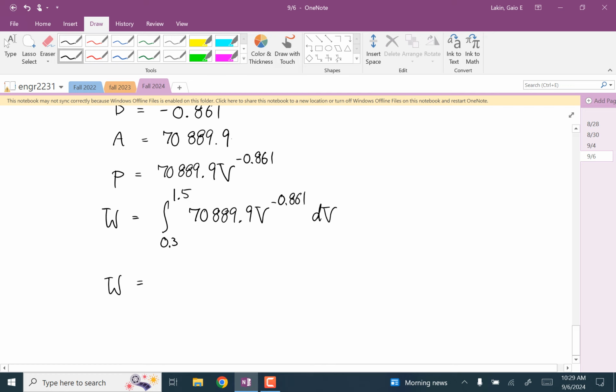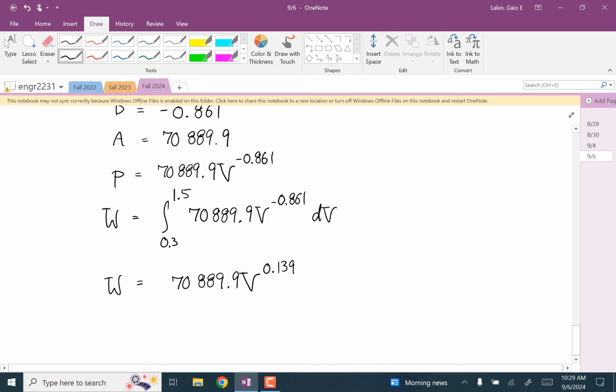And so that integral is 70,889.9 times V to the power of 0.139. How did you get that value? Which one? 0.139.